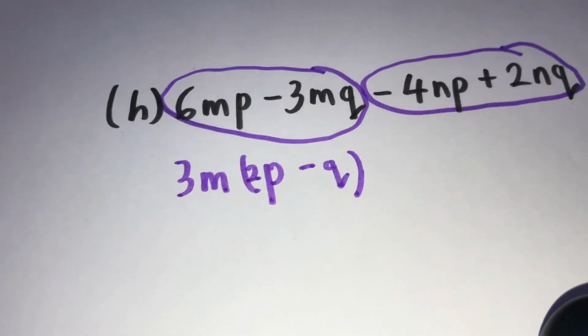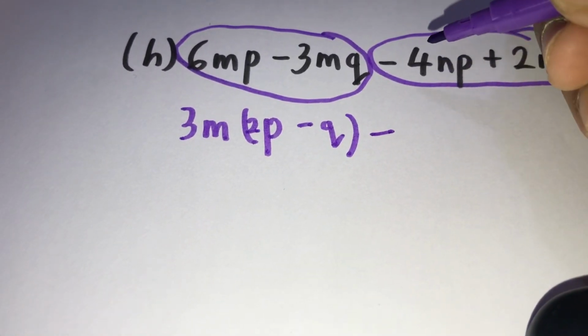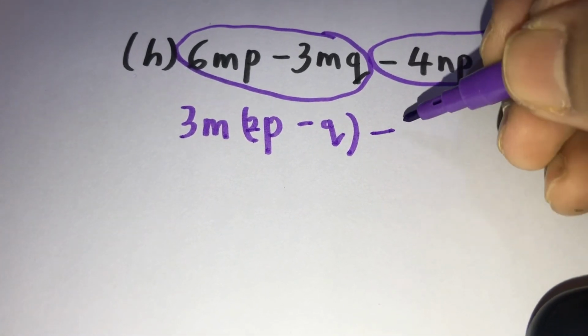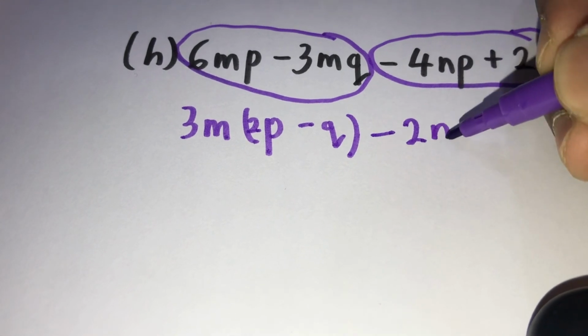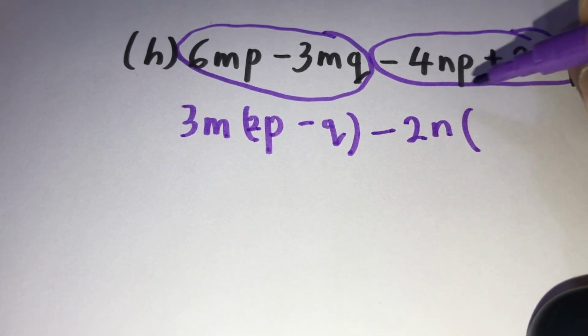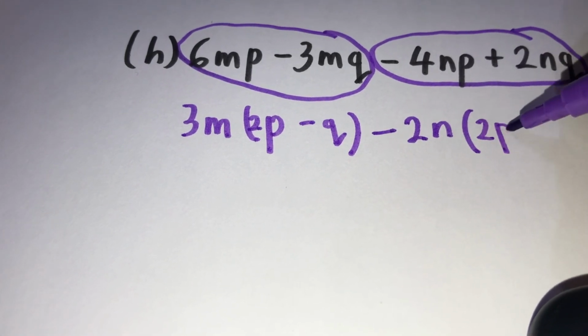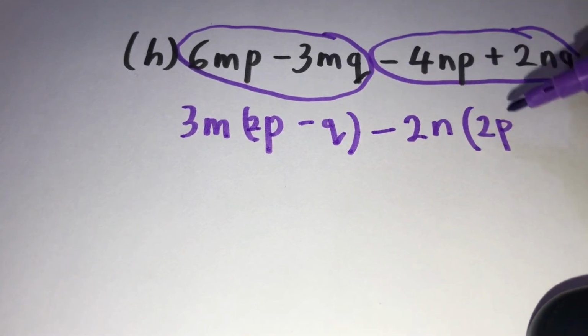Now here minus, I write minus. And then 4 and 2, the common factor is 2. Here have n, here also n, so 2n is the common factor. Negative 2n times 2 becomes 4, so 2p. This one must be the same, so 2p minus q.